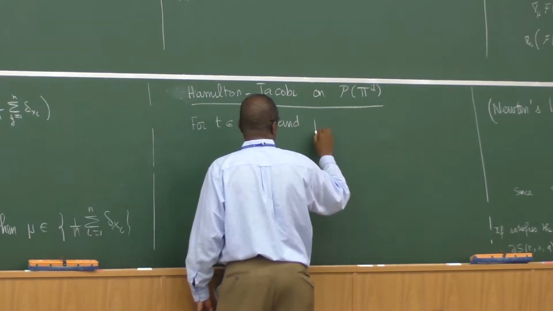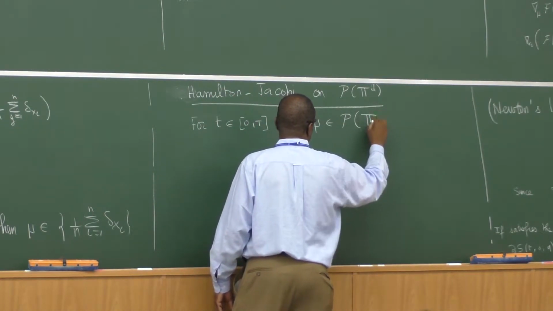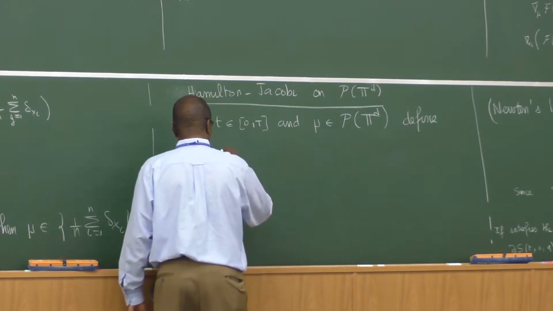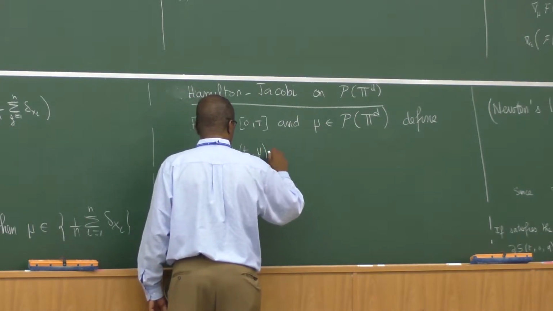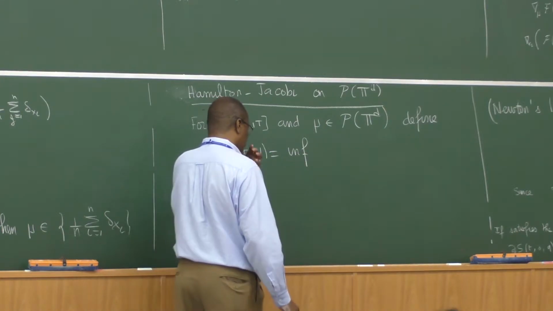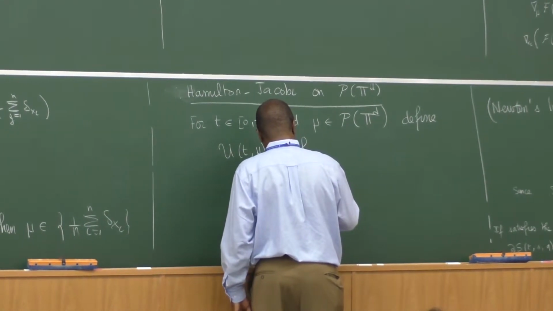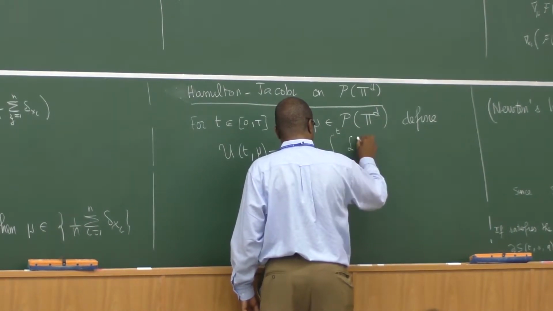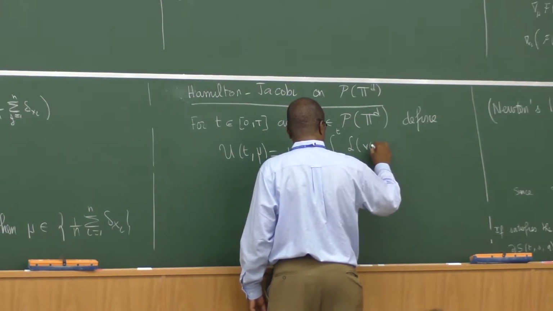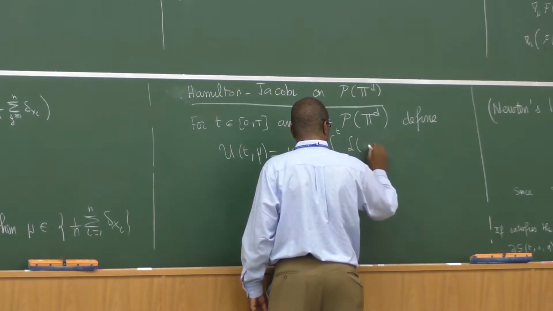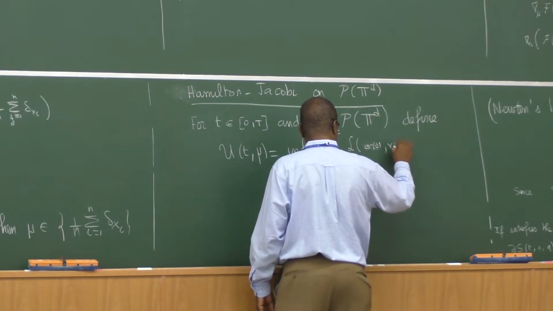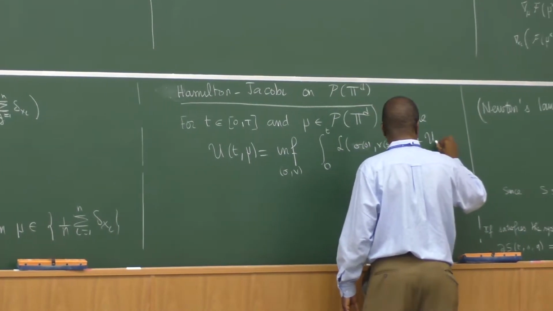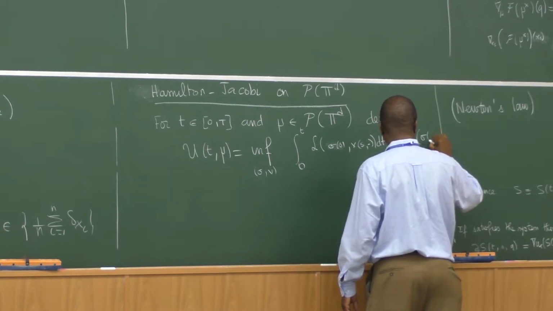and mu, a probability measure on the torus, define the value function U of T, mu as the infimum over sigma and V of the integral from 0 to T of L of V_s, sigma_s, V_s dt plus U star of sigma_0.